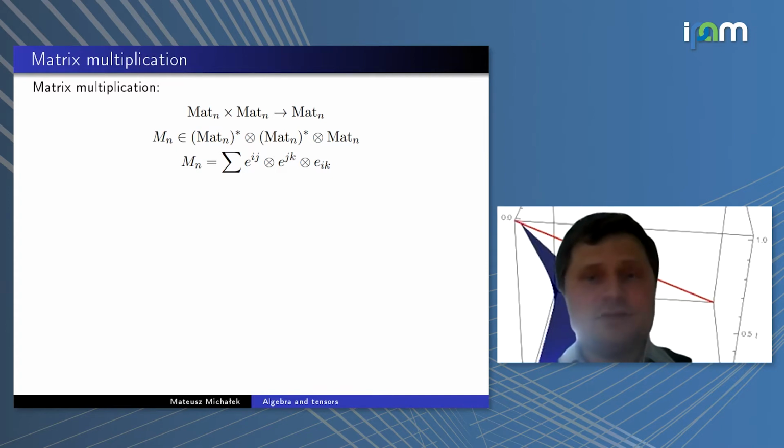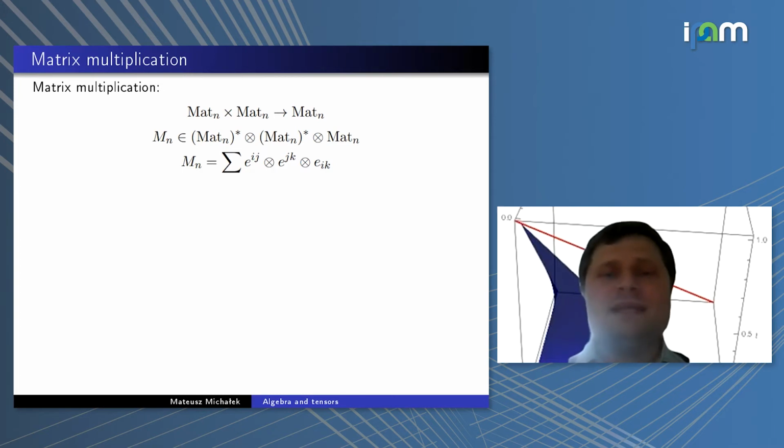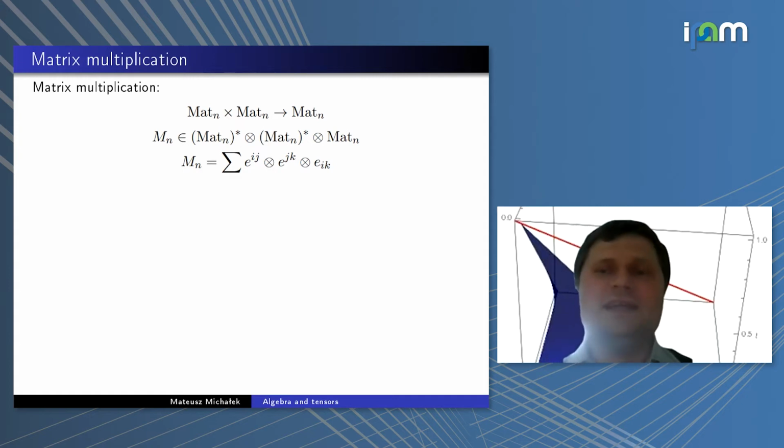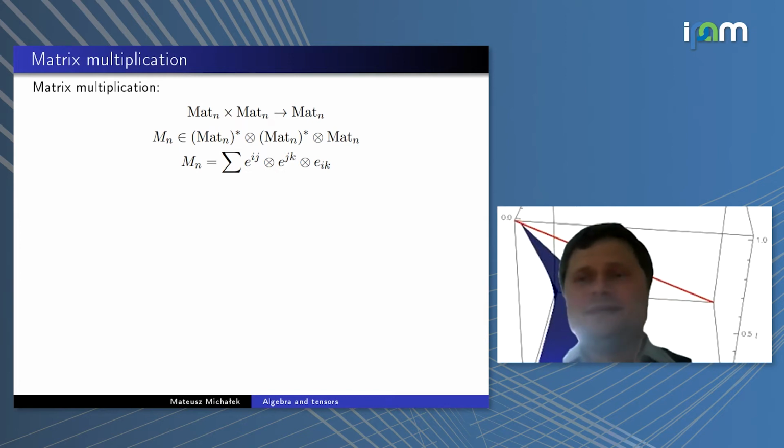And the tensor becomes then just a sum over all possible i, j and k, where we take a basis vector e_ij, we tensor it with a basis vector e_jk, and we tensor this with the basis vector e_ik. Whether I put the indices up or down, I only do it to make a distinction between a dual space or the primary space. You can put all of the indices down.